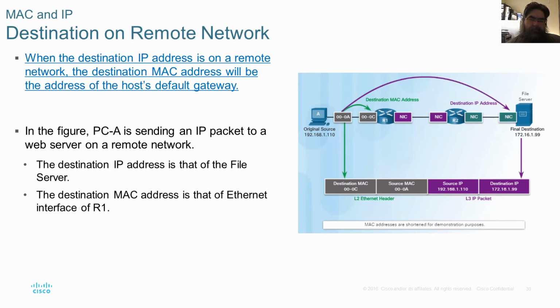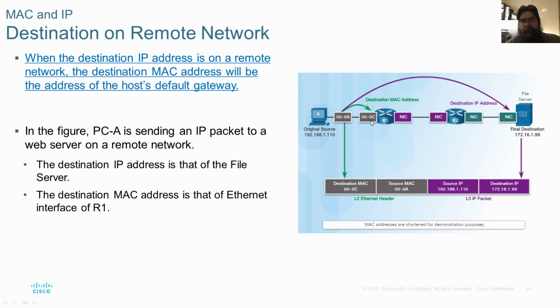So for each device that needs to make a routing decision, such as routers, the frame is removed, because as it comes into the receiving port on the router, that was its destination for the frame.